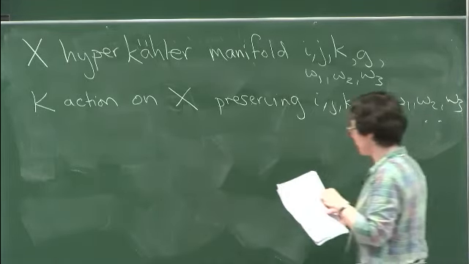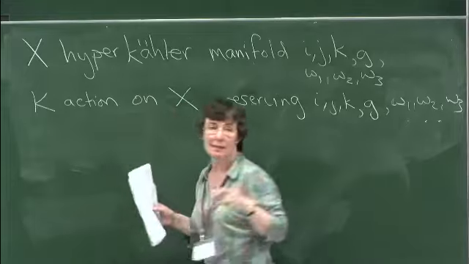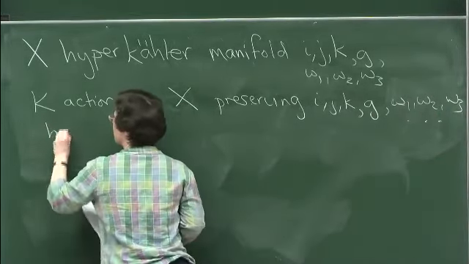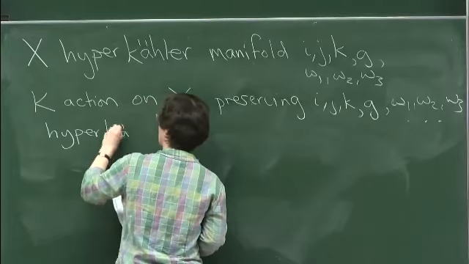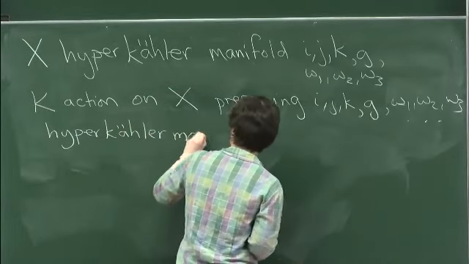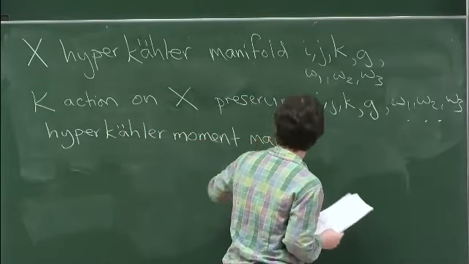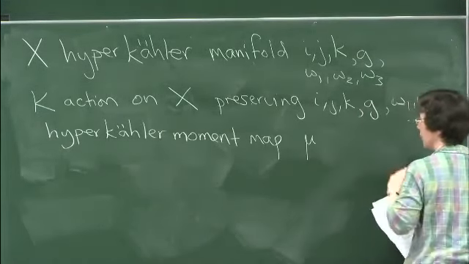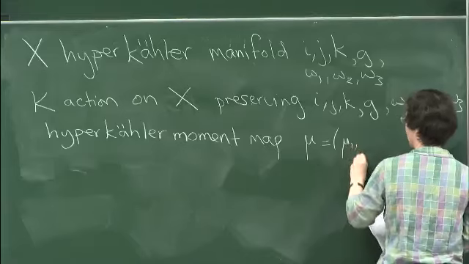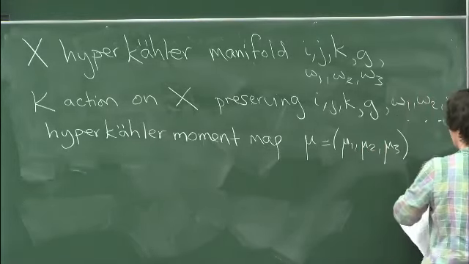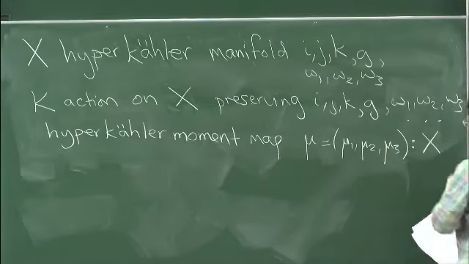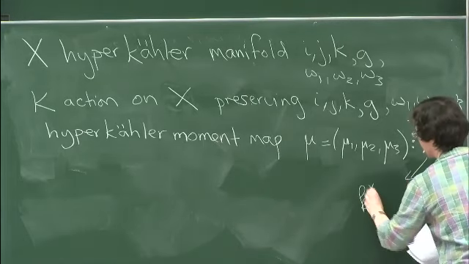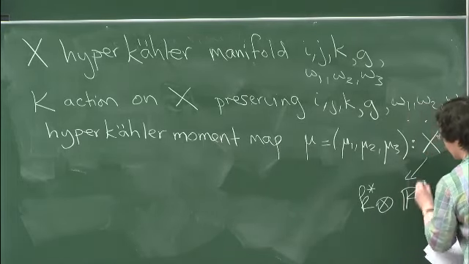And I want to assume that this is a Hamiltonian action in the sense that we've got a Hyperkähler moment map, mu, which we can think of as mu1, mu2, mu3, going from the Hyperkähler manifold to the dual of the Lie algebra of the group tensored over the reals with R^3.